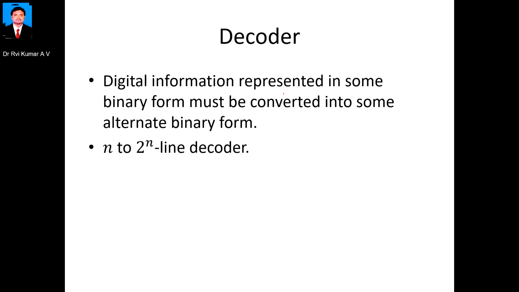So what is the combination of a decoder? There are n inputs, so we should have 2 power n outputs, so that is the line decoder.